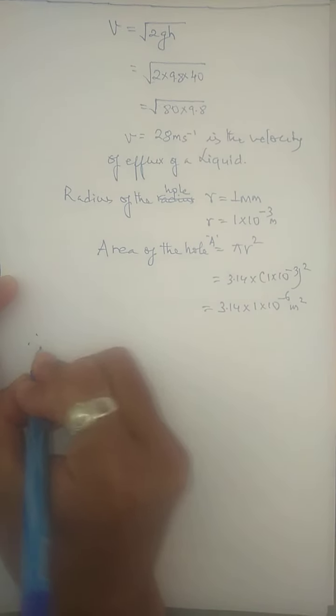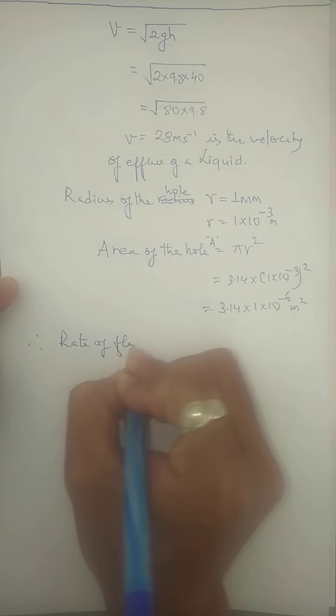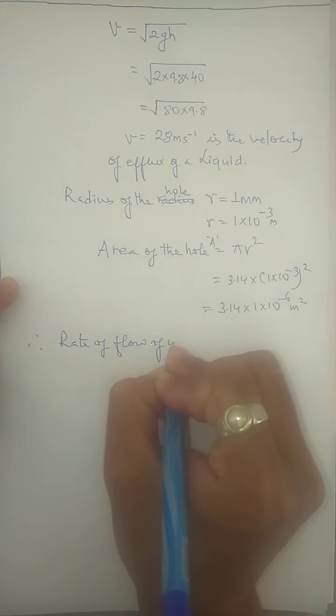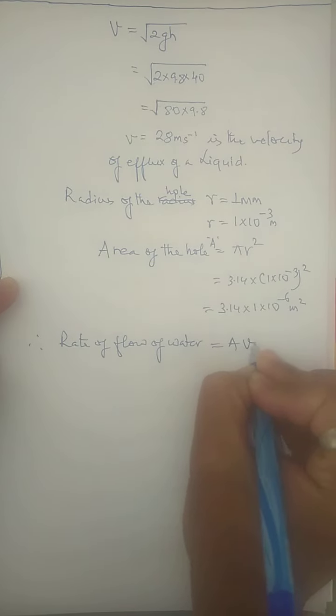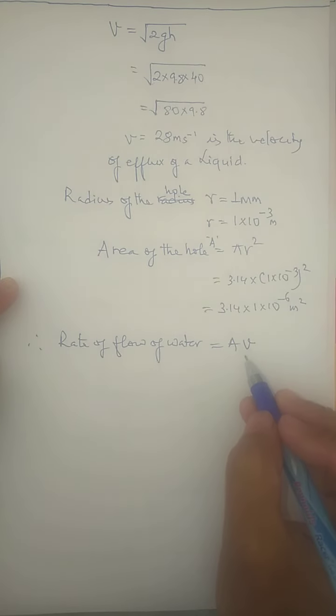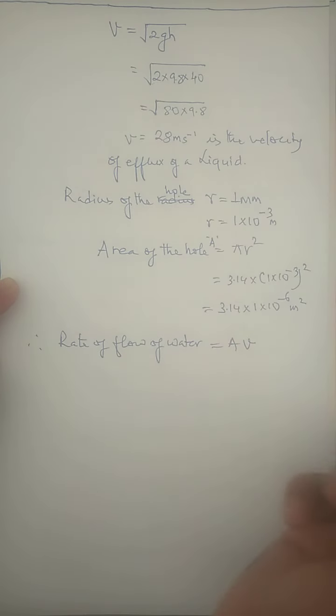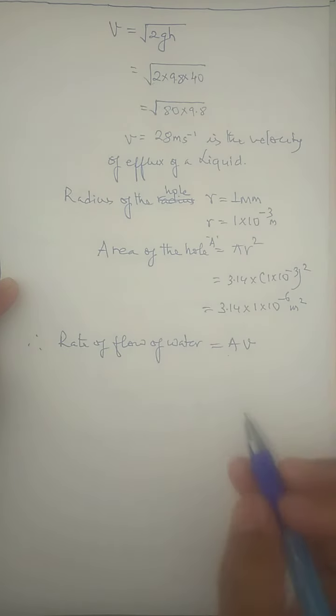So I write down the rate of flow of water, which is nothing but area into velocity. In that hole, the water is flowing with a velocity, and that velocity is called the velocity of efflux, and that hole has an area A, and area into velocity means the rate of flow.